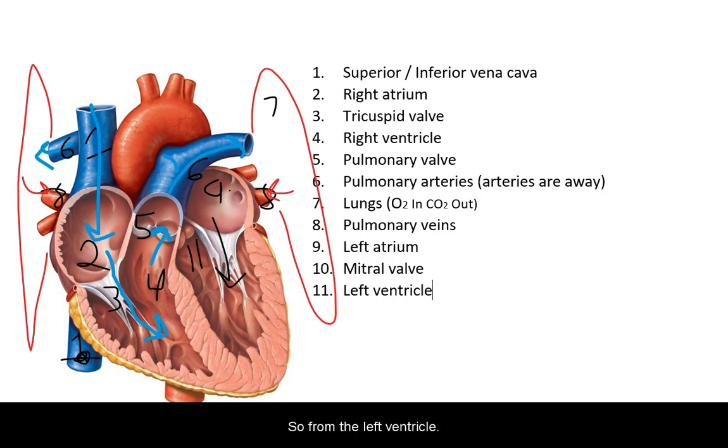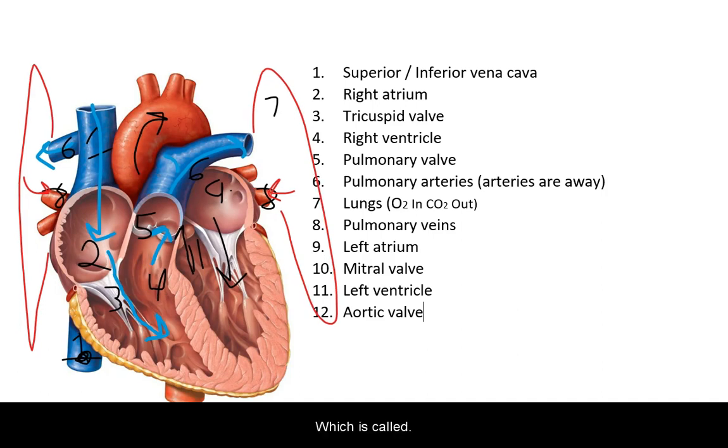From the left ventricle, it's going to enter what's called the aortic valve. That's going to take it up and do this big thing up here. Actually, this is number 12.